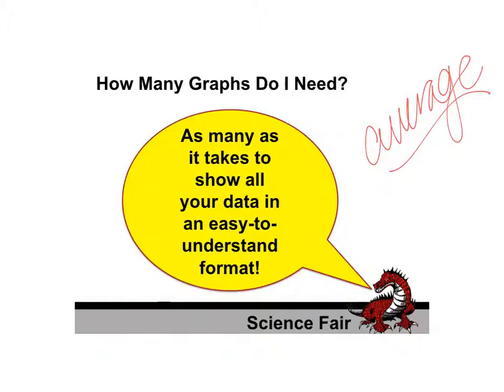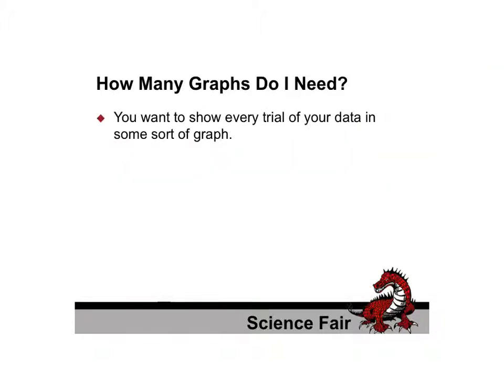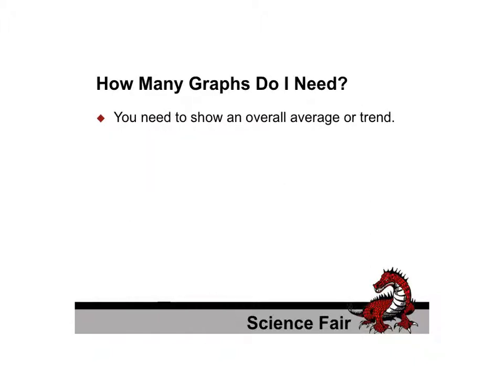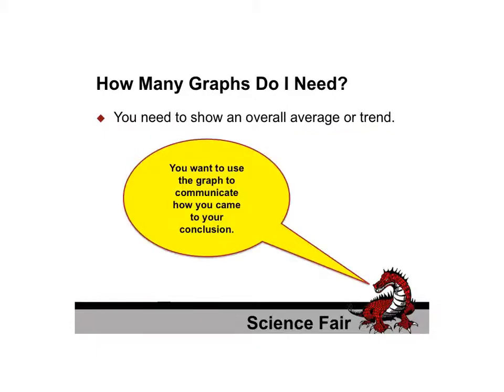We want to have all of it. Everything that you did needs to be shown somehow in a graph. So every trial in a graph. This doesn't mean you need to have them all on different graphs. You could, if the situation is right, put them all together on one. You also do need to show an average or a trend. Somehow, some way, you've got to tell what's going on.